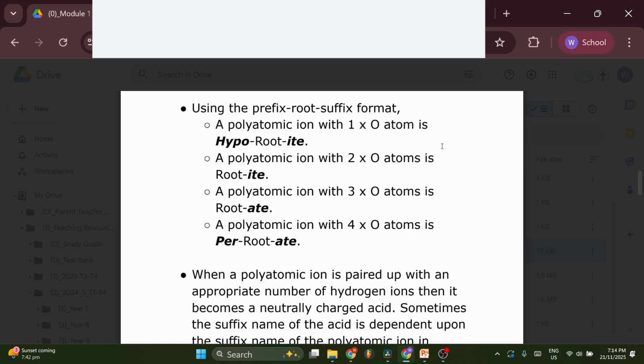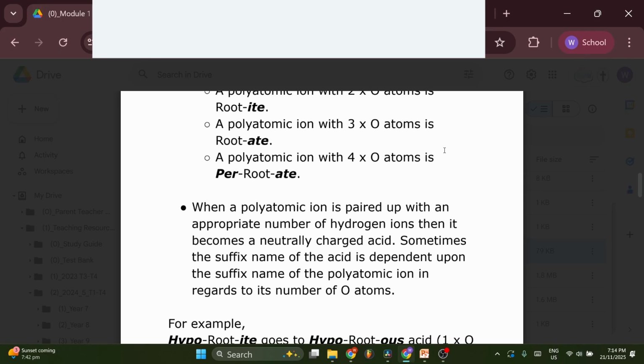When a polyatomic ion is paired up with an appropriate number of hydrogen ions, then it becomes a neutrally charged acid. Sometimes the suffix name of the acid is dependent upon the suffix name of the polyatomic ion in regards to its number of oxygen atoms.